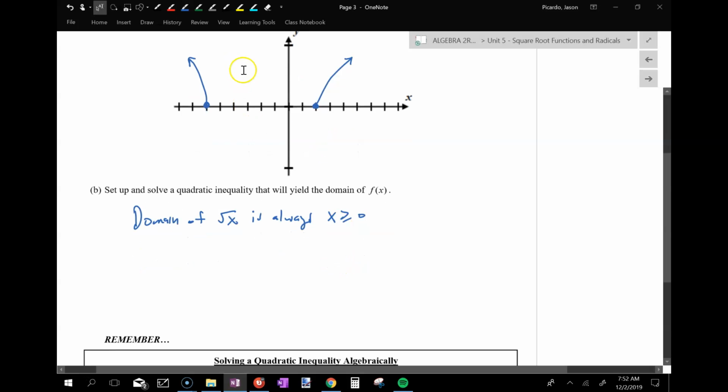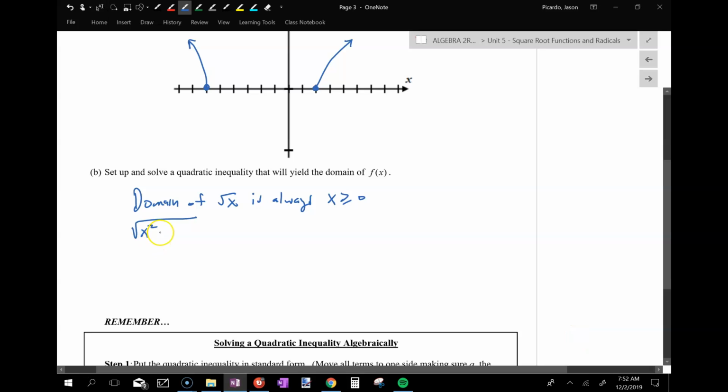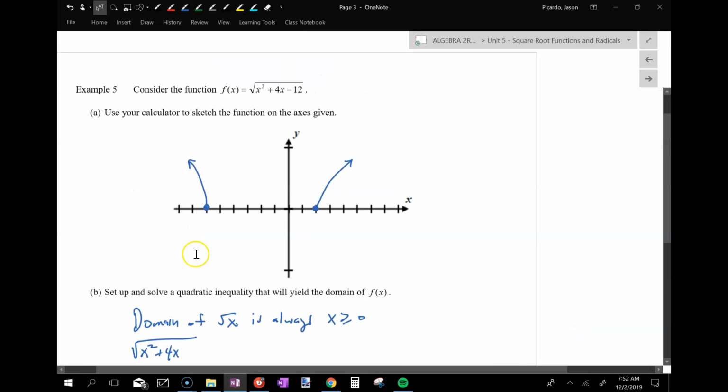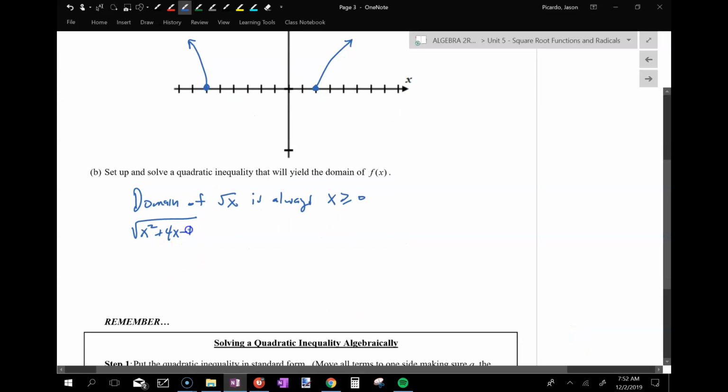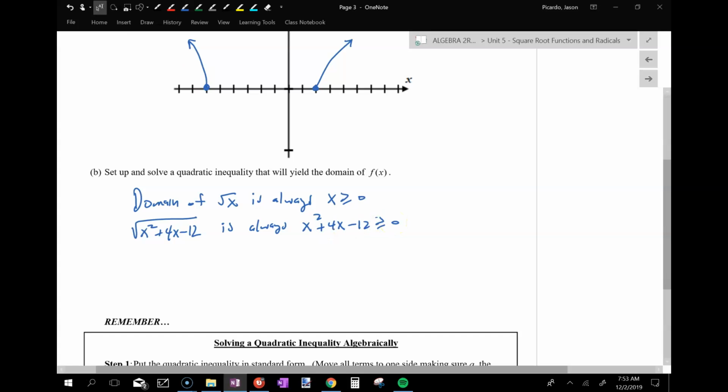So if I want the domain of this, it's where x squared plus 4x minus 12 is greater than or equal to 0.